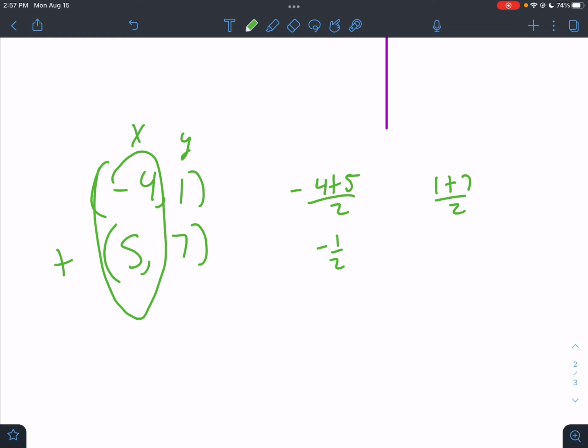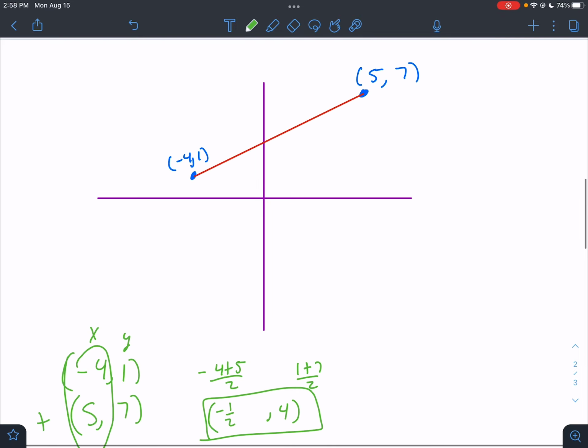Your next test, you got a 7. So the average y would be 1 plus 7 is 8, divided by 2 is 4. And that is a coordinate, that is the midpoint. -1/2, 4 is the middle of these 2 spots. That's pretty cool, right? So we're going to add and divide by 2.